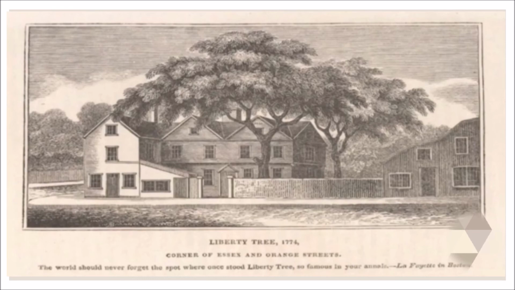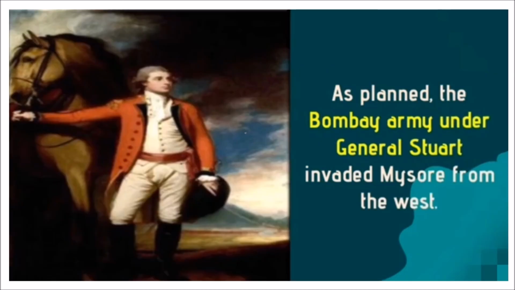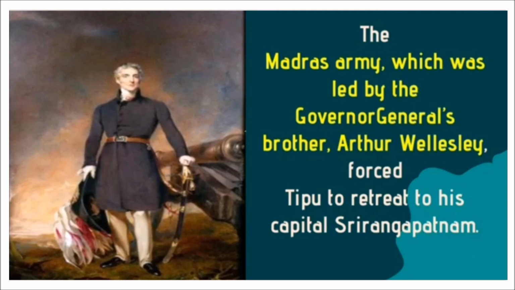Then Lord Wellesley, the British commander, declared war against Tipu in 1799. The war was short and decisive. As planned, the Bombay army under General Stuart invaded Mysore from the west. Then the Madras army, led by the Governor General's brother Arthur Wellesley, forced Tipu to retreat to his capital Srirangapattinam.